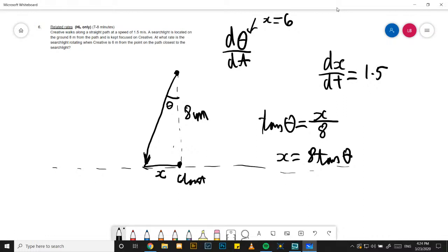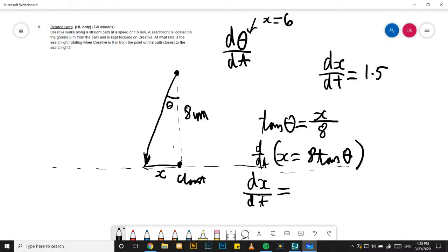Now, knowing that we have all of these pieces, we can finally find d theta dt by using the relationship with dx dt. If we take the derivative of x, we differentiate everything with respect to t, d/dt.